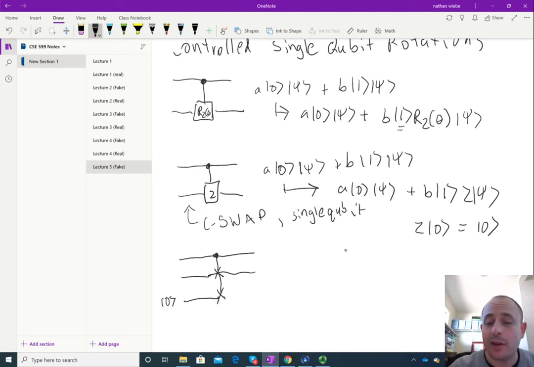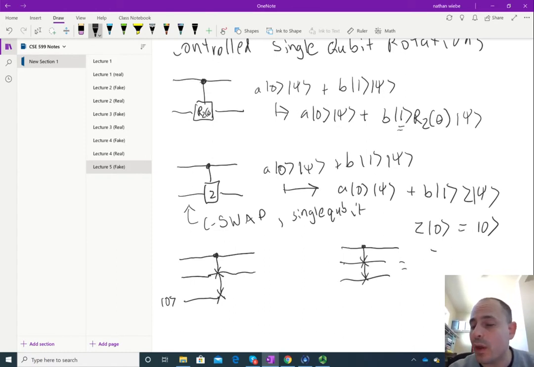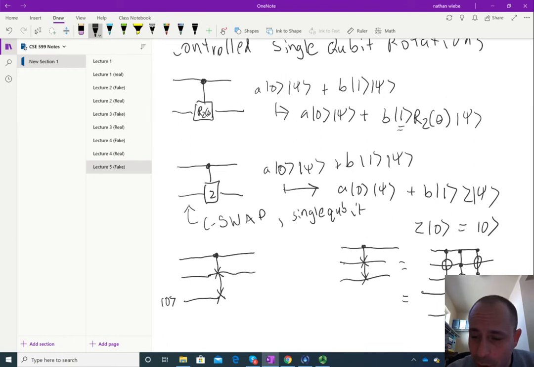And a controlled swap gate, just to remind you, is drawn like this. And as your last homework showed, this can be decomposed as the following, which can also be simplified, it turns out, into the following.